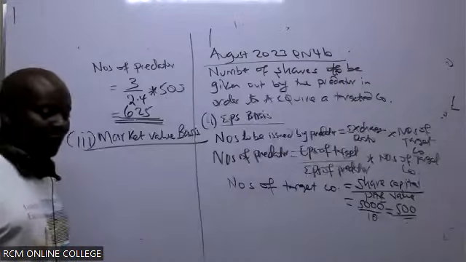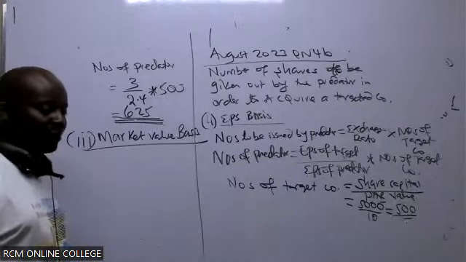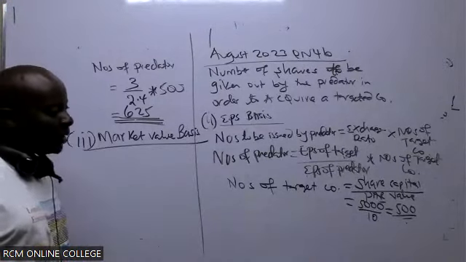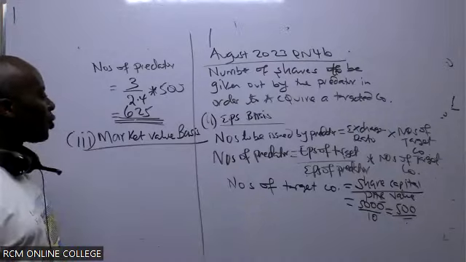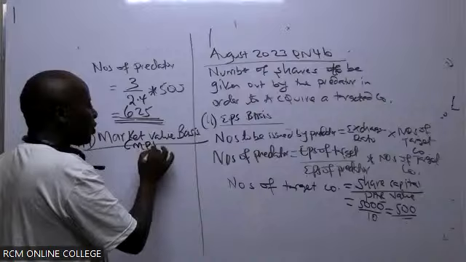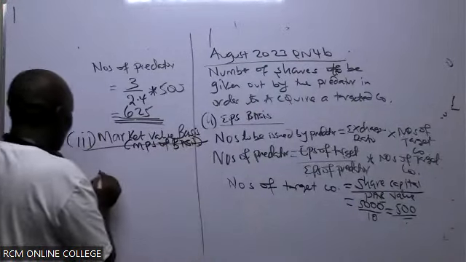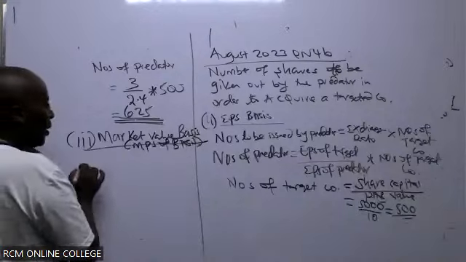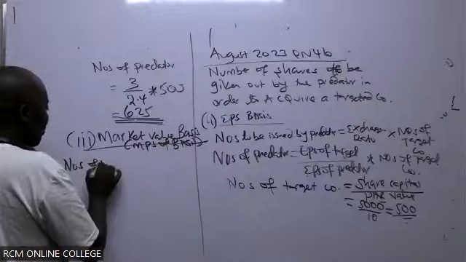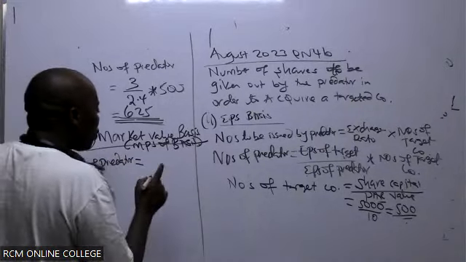So market value basis. As Nancy is pondering on this, Nancy must have missed a couple of sessions in this. So market value basis is also known as the MPS basis. In this case, ladies and gentlemen, to get the number of shares of the predator, the exchange ratio will be on the basis of MPS.